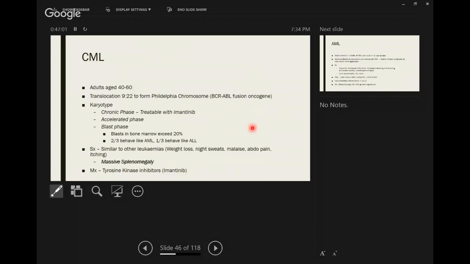Its symptoms are similar to other leukemias. So you get weight loss, abdo pain, itching, and your B symptoms: night sweats, malaise, and fever. And you can also get massive splenomegaly. It's one of the 3 causes of massive splenomegaly. Does anyone know the other 2? Just shout them out.